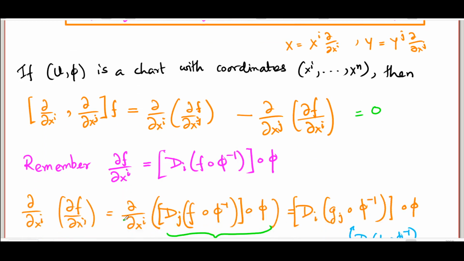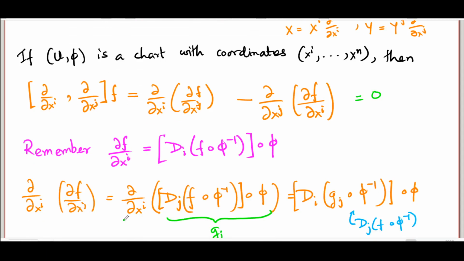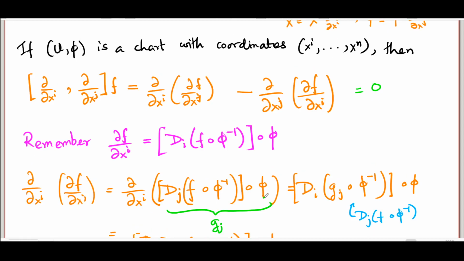Now, if you use that, it's pretty easy to see what you are going to get when you do del xi of del f del xj acting on f. Del xi, let's leave that aside for the time being. This thing in here is actually del xj acting on f, the jth partial derivative of the proxy function composed with phi. Now this, of course, is a function on the manifold in itself.